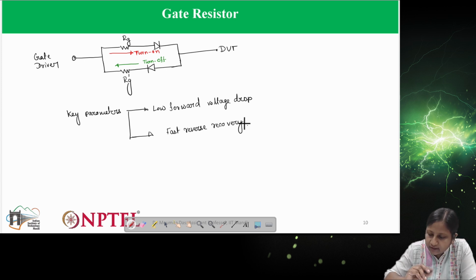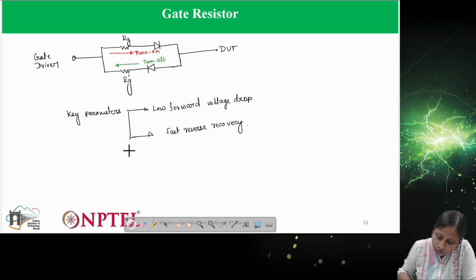Based on this, we can select two different values of the resistance. For fast reverse recovery, obviously we have to provide a resistance which will probably not be equal to the forward conduction. Okay, so the power rating of this resistance should depend upon the converter.